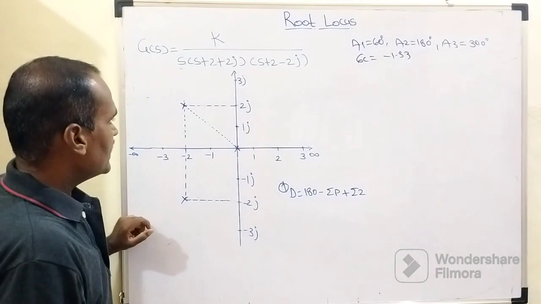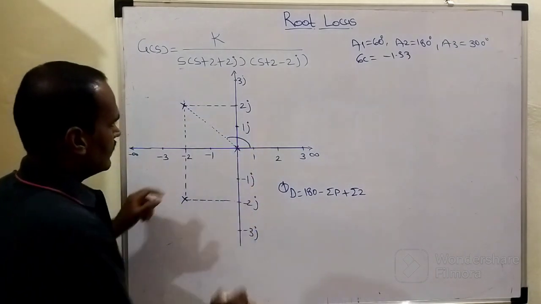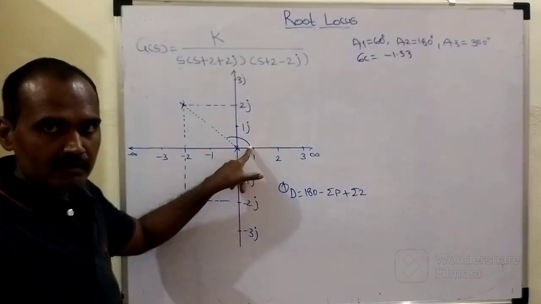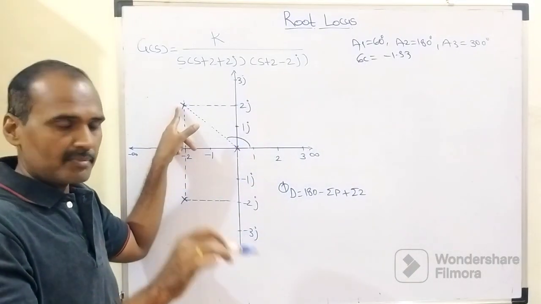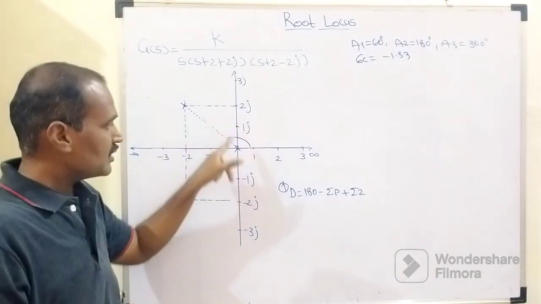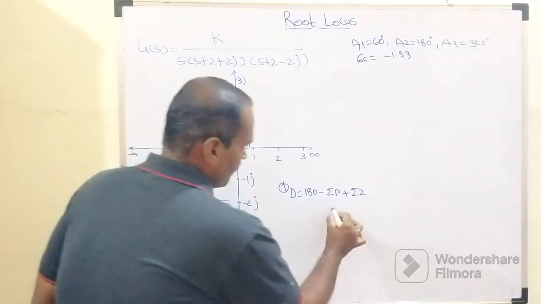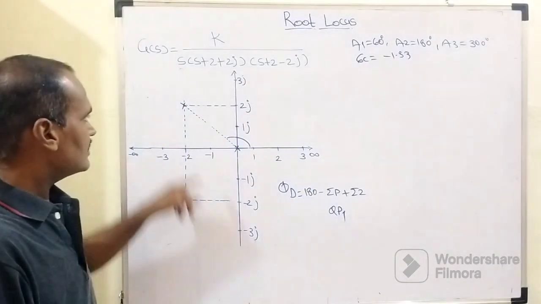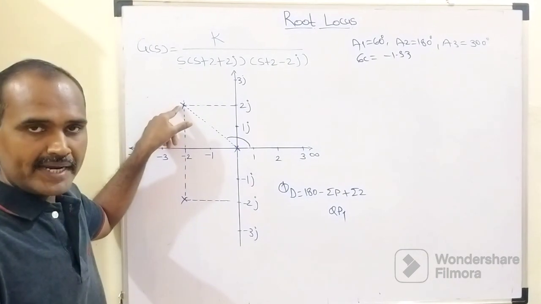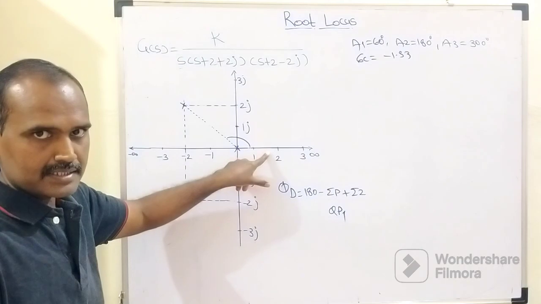And that particular angle, made by this pole located at minus 2 plus 2j with respect to this 0 which is present on the real axis, can be called phi p1. Are you getting my point? Phi p1 is the desired angle made by this pole with respect to this 0 which is located on the real axis, right?